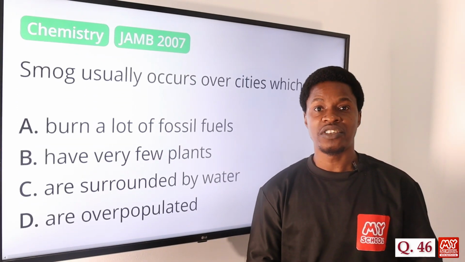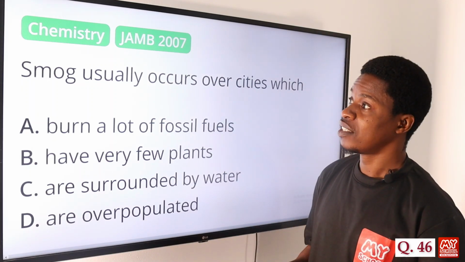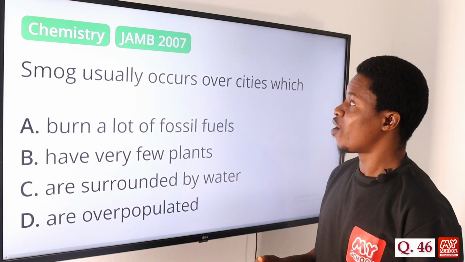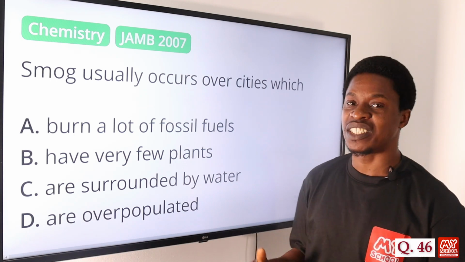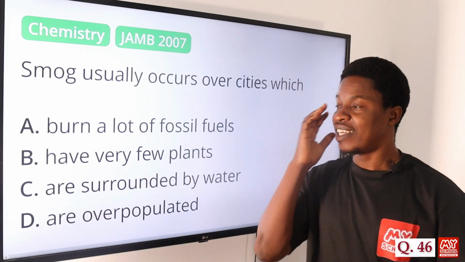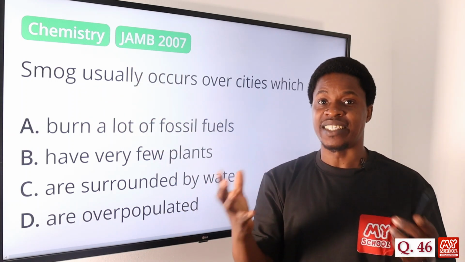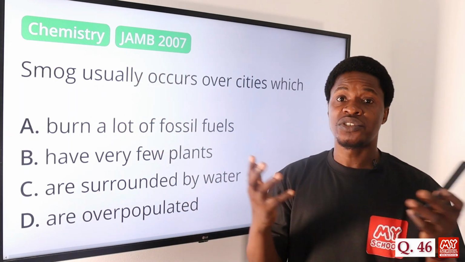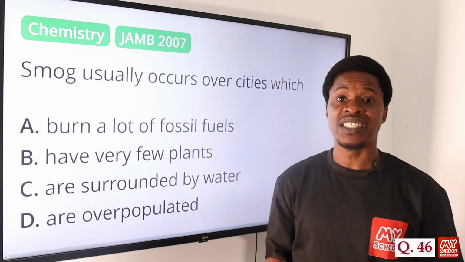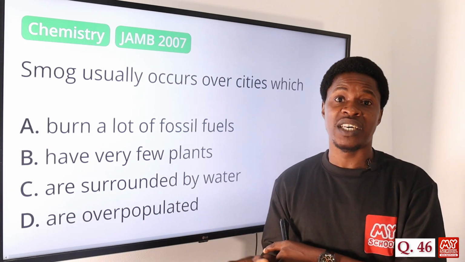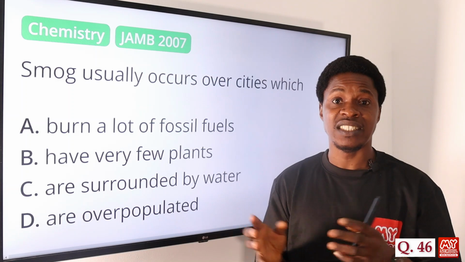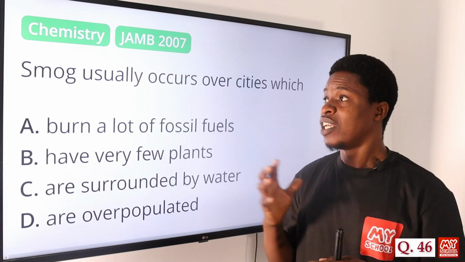Now let's move on to question number 46. Smog usually occurs over cities which what? Usually we have this smog more in the urban areas, where we have industries, factories, companies, where fossil fuels are burnt. We talk about gasoline, we talk about crude oil.